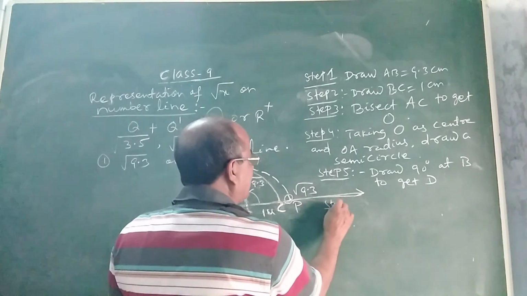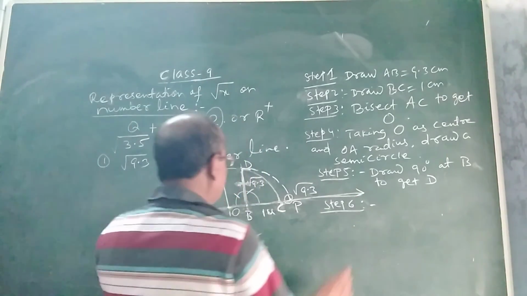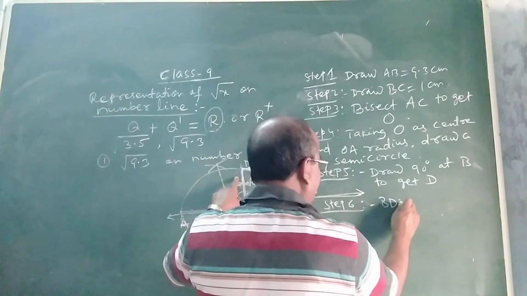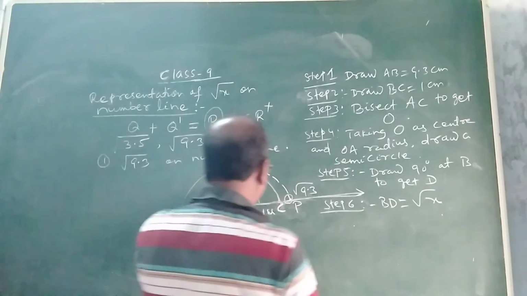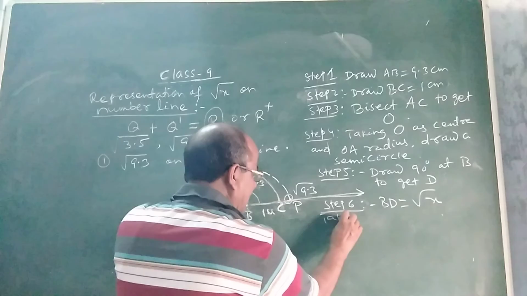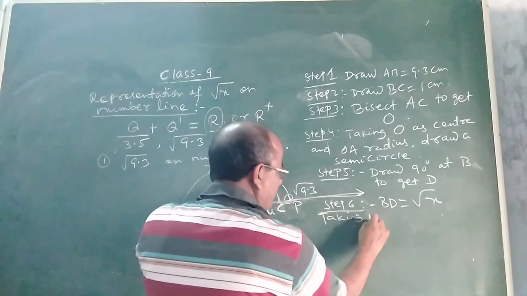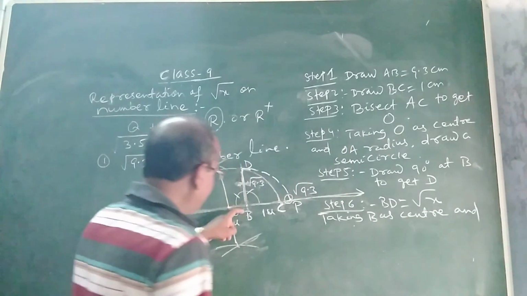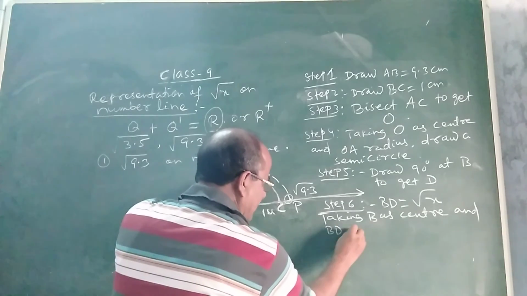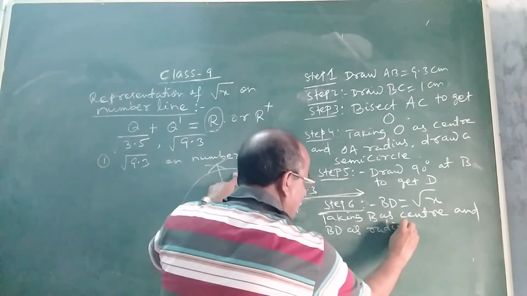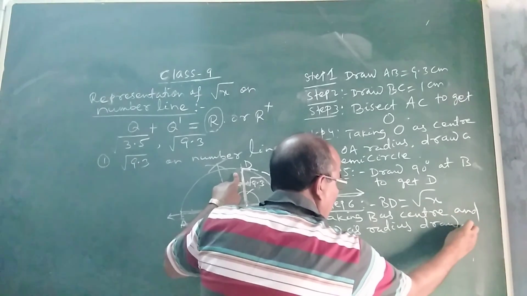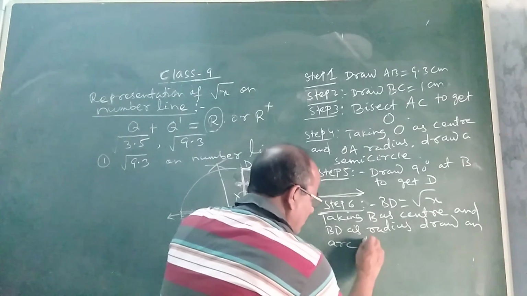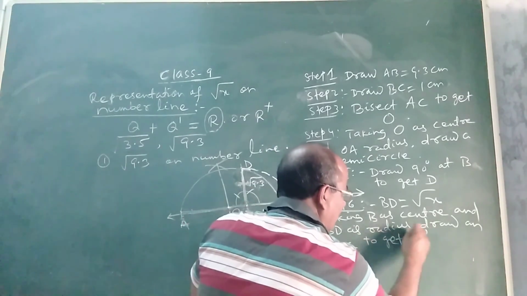Now what is the next step? The length of line segment BD will be equal to square root of x. And taking B as center and BD as radius, draw an arc to get P, the point P on the number line.